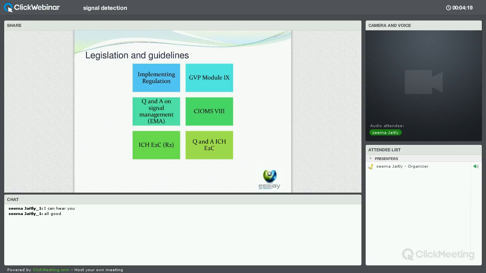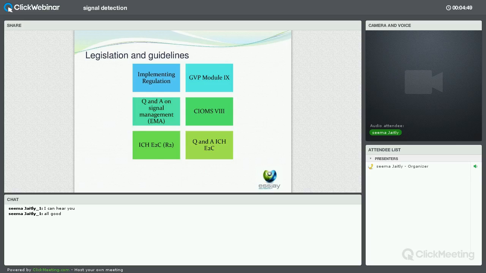We had Module 9, which was also referring to signal management, EU specific, and then we had the Q&A on signal management, which was last updated in September 2014. However, this was probably more relevant for the regulatory authorities and their activities rather than practical aspects for pharmaceutical companies as a whole.